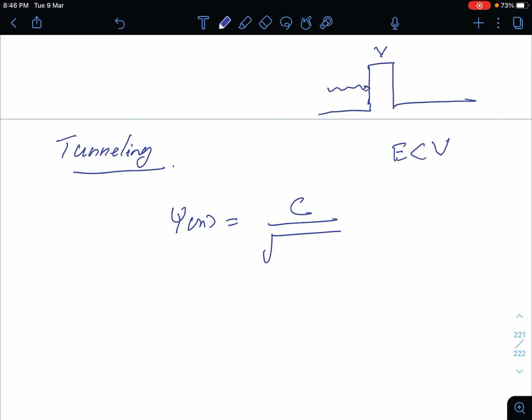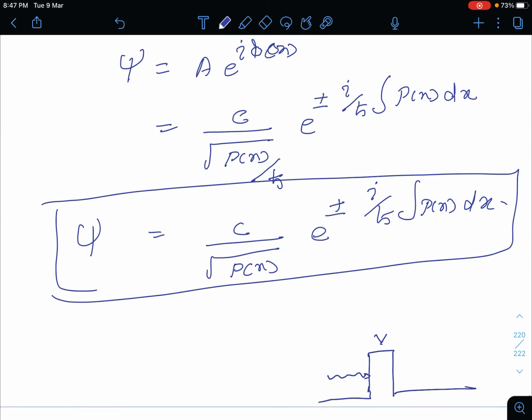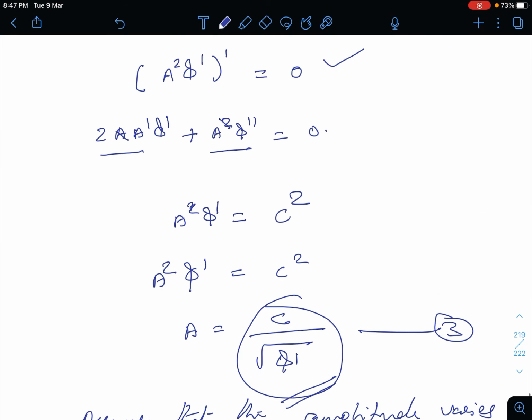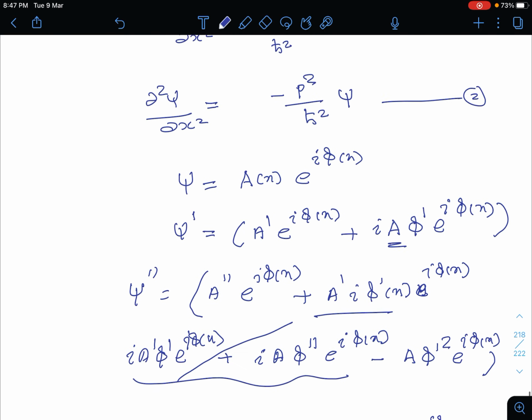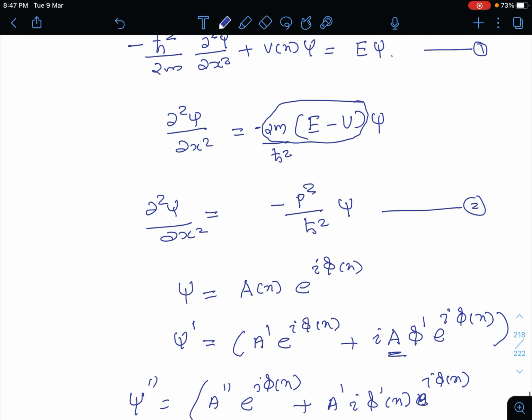So if E is less than V, what will happen to p? Because we have defined p as simply the root of 2m(E minus V). Right? So when E is less than V, this becomes negative.